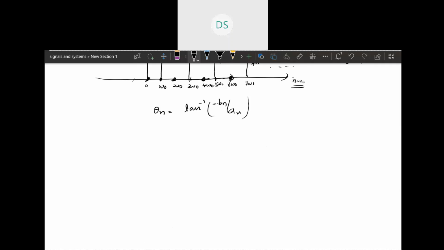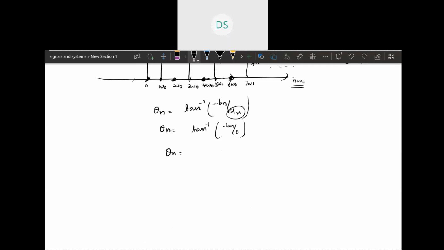Okay, so we know that theta n is equal to tan inverse of minus bn by an, where an is 0, always 0. We just found the an value is equal to 0 and the bn value is there, but the an value is always 0.